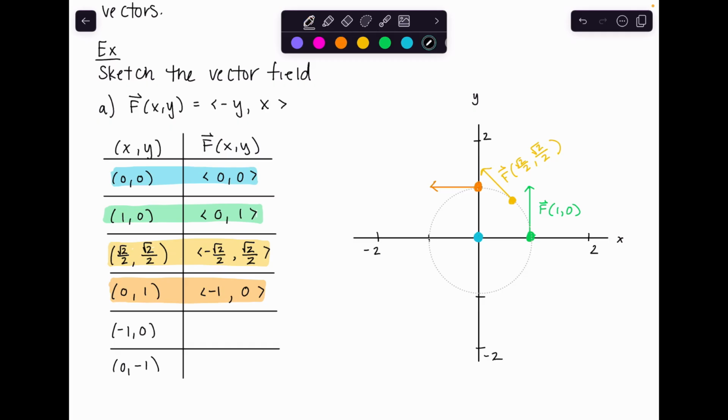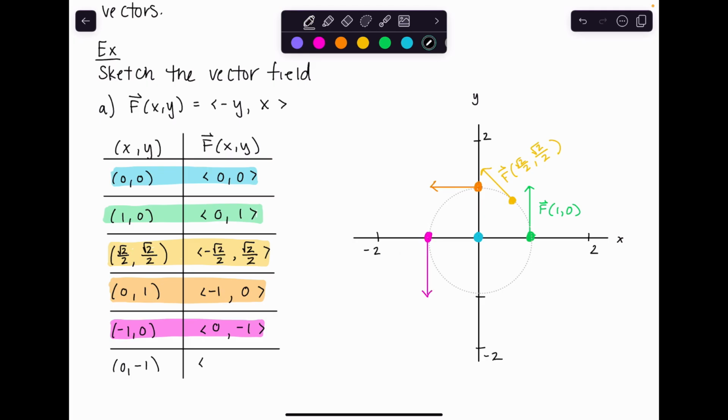My next point, again, we flip the point. So this will be 0, negative 1, negate the first, but first is nothing. So we plot this point next. So negative 1, 0 is right here. I do not move in the x direction. I have negative 1 in the y, so we go down length 1.